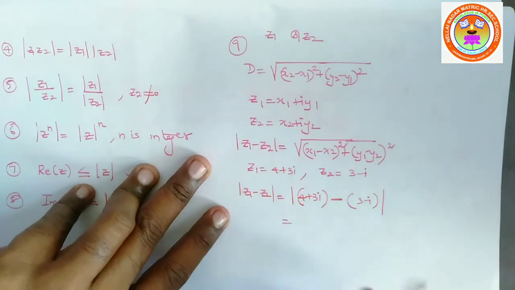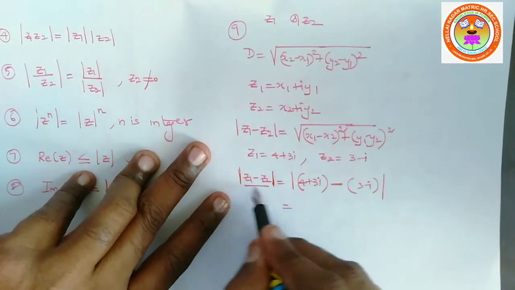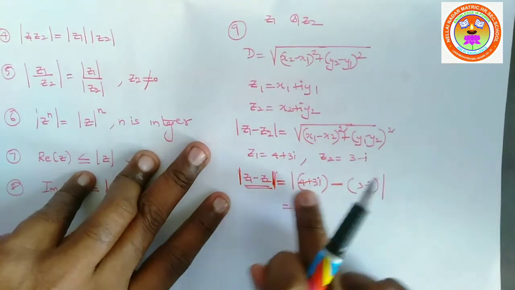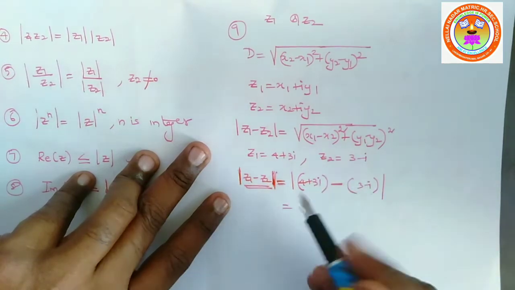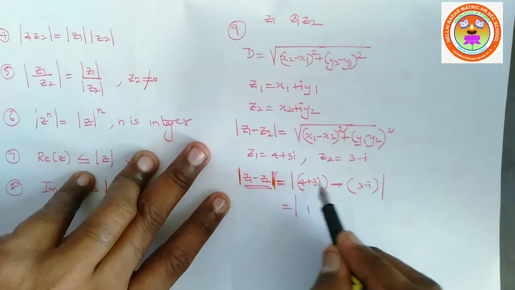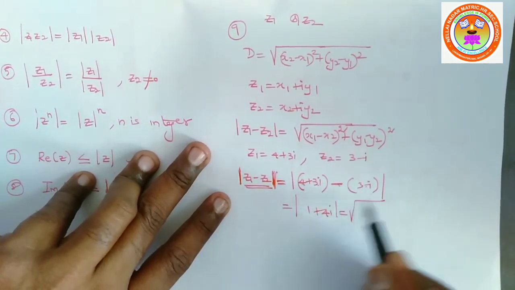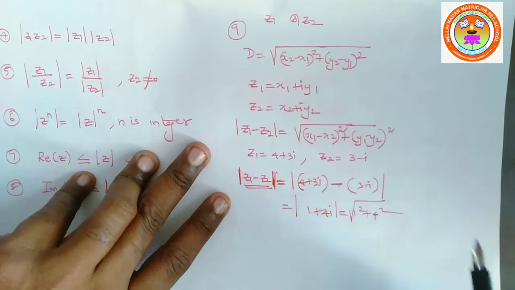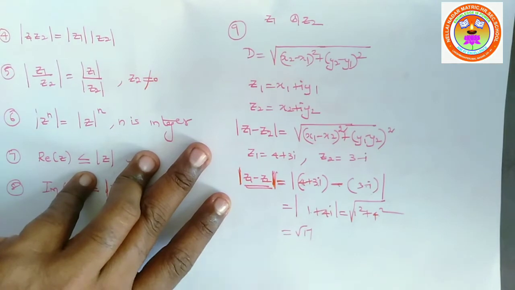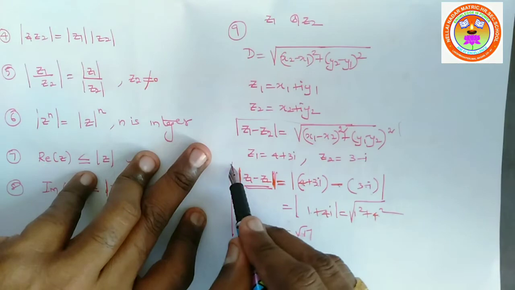Now you can solve this sum very easily. 4 minus 3 is 1, minus 3i, minus into minus plus i, so plus 3i plus i is 4i. Now you can write real square, 1 square, plus 4 square, which is 16, so the square root of 17 is our answer. This is very easy. Better you follow this formula.